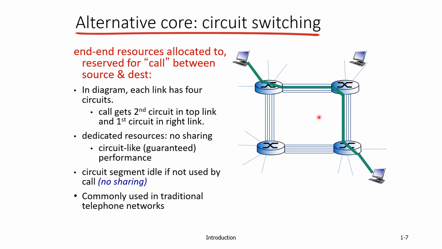Because each of these paths has four different links, we can safely assume that if we are using circuit switching technology, then at any given time, a maximum of four computers or four end systems can communicate with each other and no more. This is a very typical or traditional setup that used to be the main technology used in old public switched telephone networks.